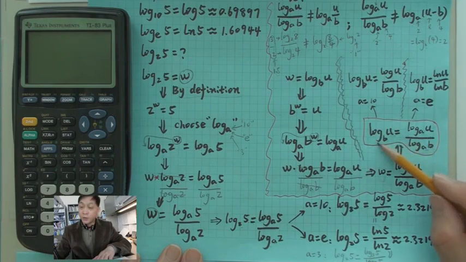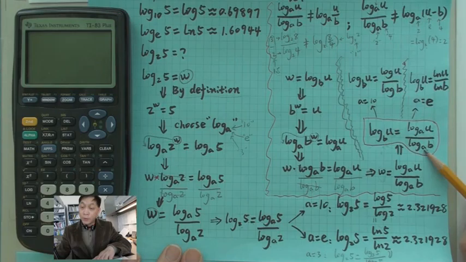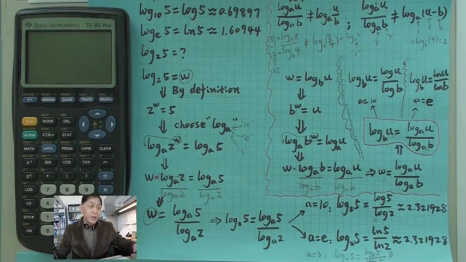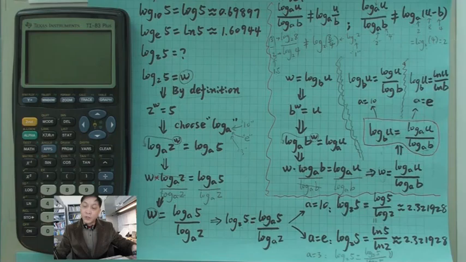When you go from left to right, you can add A, but once you go from right to left, A disappeared, and B to the U. So there are many variations for this one. We've got to be careful. This formula is used widely, and it is called the change of base formula. It changes the base from B to any base you want. Please review this lecture. I'll see you next time.